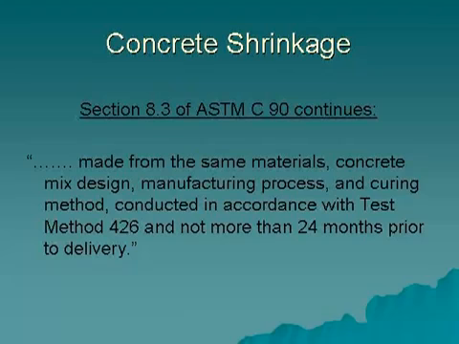Usually a set of 3 8x8x16 block are selected for testing as a representative sample of all the shapes and sizes using the same mix design as discussed. While the test may be more expensive to run than ASTM C140, it is still required by ASTM C90. And it only needs to be done once, about every 2 years.